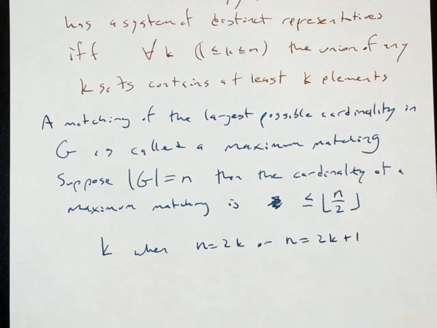If I have an even number of vertices and I have a maximum matching that is as big as it can get, then I have what's called a perfect matching.